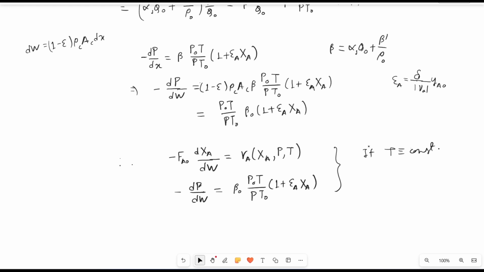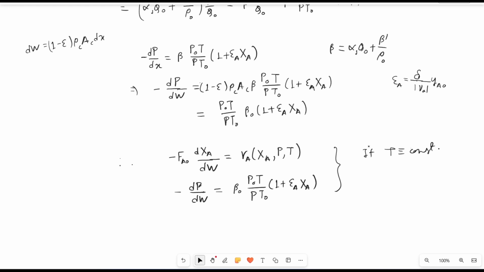But if the temperature is constant, as in most cases in the packed bed reactor, then we will be able to get the pressure and conversion profile from these two coupled differential equations.